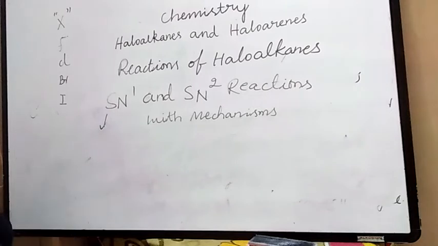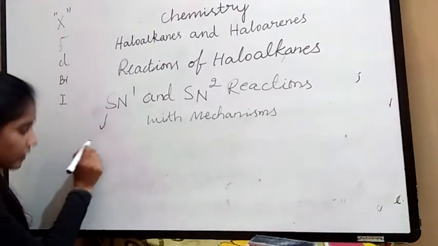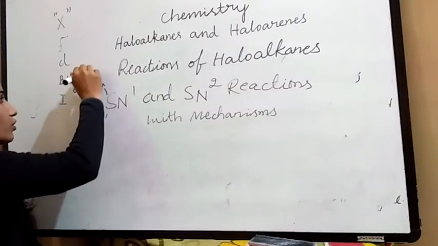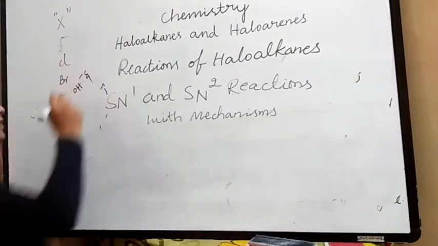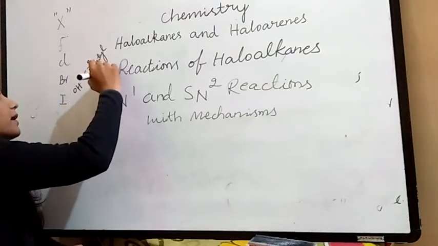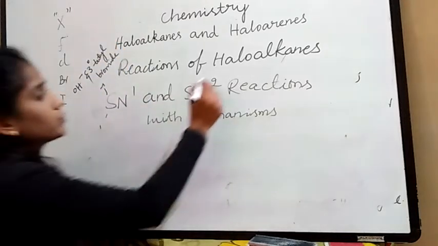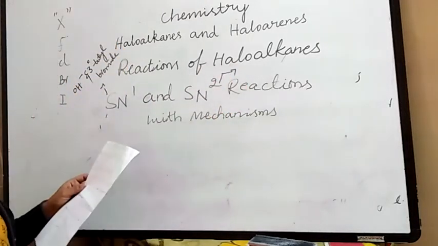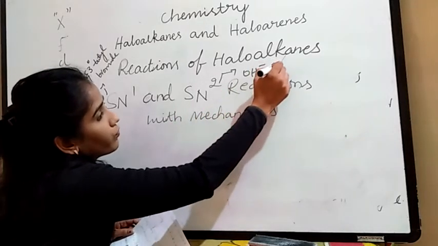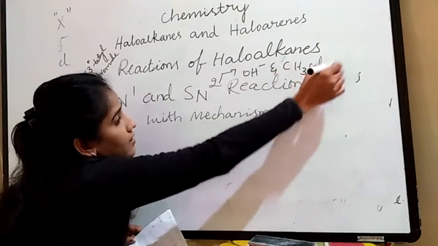In your syllabus, they have mentioned, by taking an example, OH minus as a nucleophile and tertiary butyl bromide as an alkyl halide for SN1, and for the SN2 reaction, OH minus as a nucleophile and CH3Cl, methyl chloride, as a haloalkane.